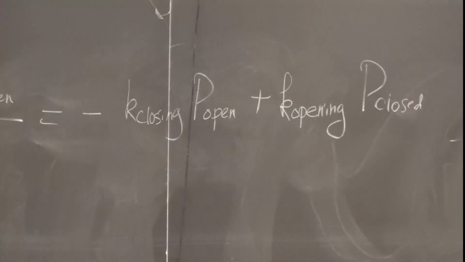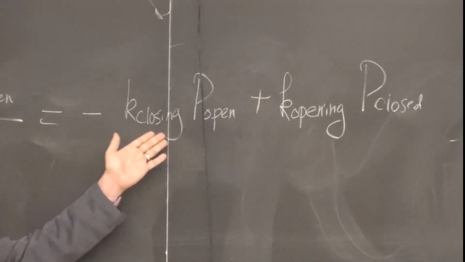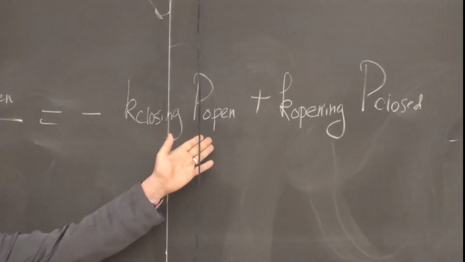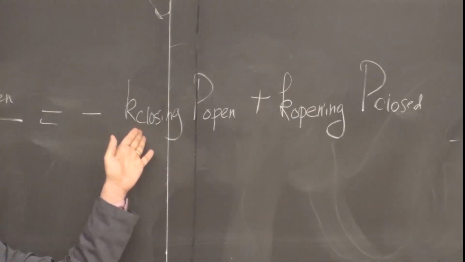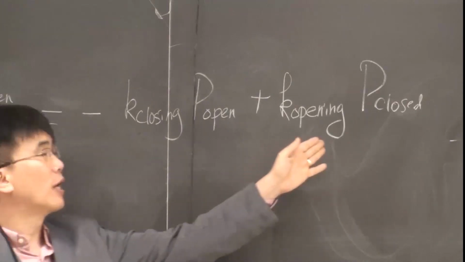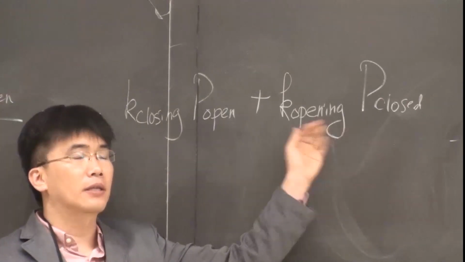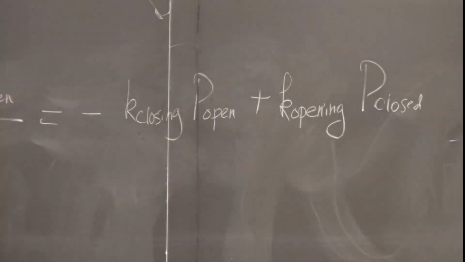Change in the open state probability is given by how much you had there to begin with and how quickly it decays to go to the other state, and how much you had in the other state and how quickly it comes to the open state.